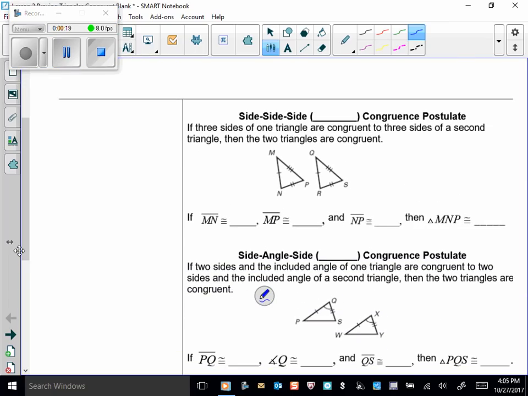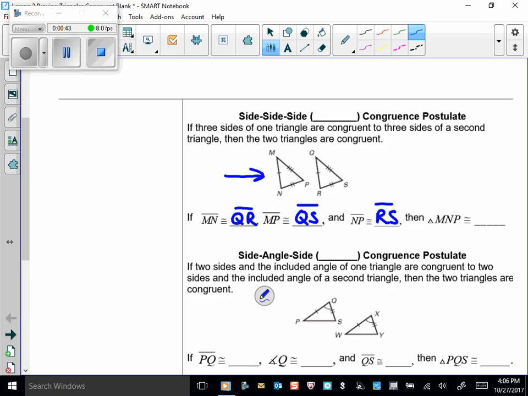It says if three sides of one triangle are congruent to three sides of a second triangle, then the two triangles are congruent. So just like I have in this picture here, you see that MN is congruent to QR, and MP is congruent to QS. NP is congruent to RS.